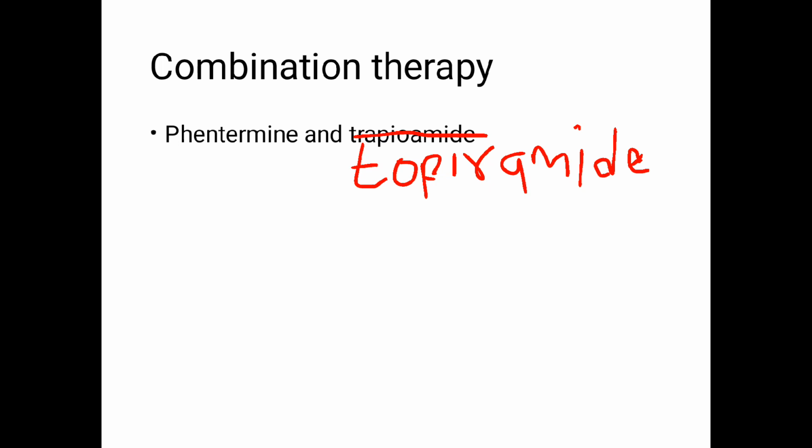Now, some of the side effects include suicidal ideation, cognitive dysfunction, and paresthesia.